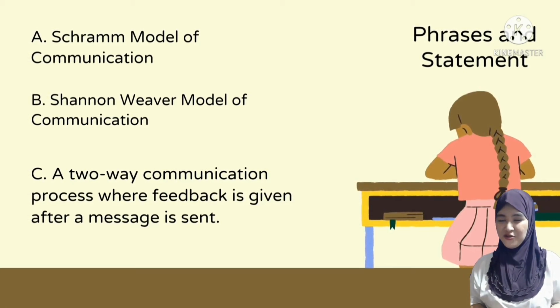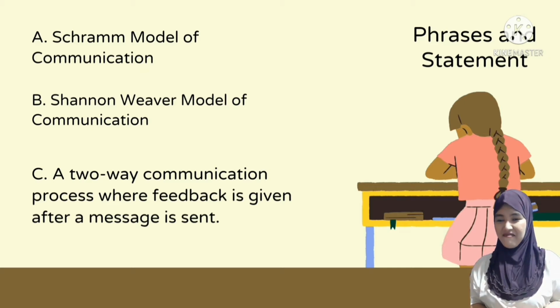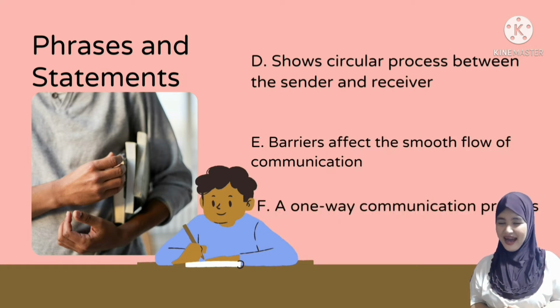Letter A, Schramm model of communication. Letter B, the Shannon-Weaver model of communication. Letter C, a two-way communication process where feedback is given after a message is sent. We also have letter D, shows circular process between the sender and the receiver.